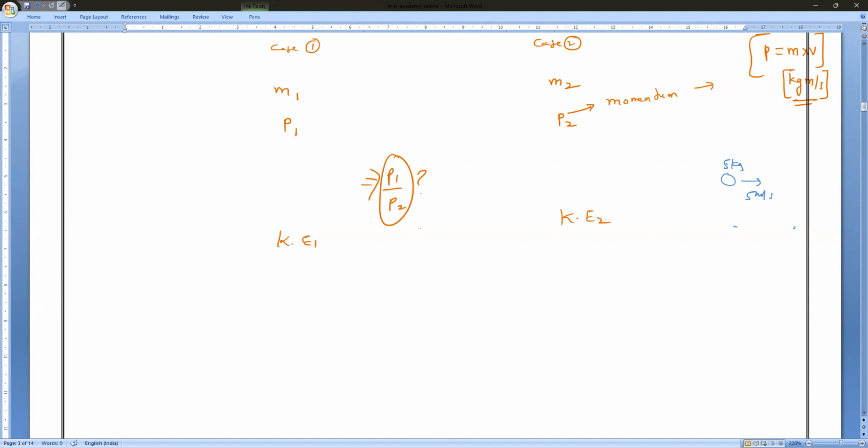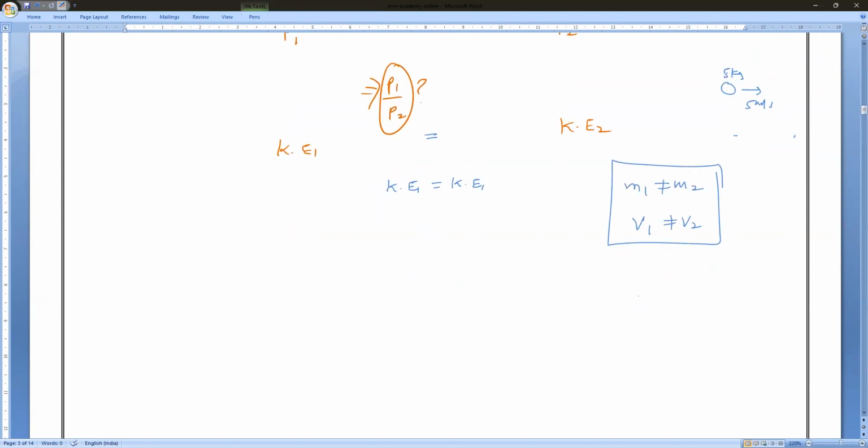So KE1 is equal to KE2, but their masses are not equal, so the velocities are also not equal. Kinetic energy is half mv square, so half m1 v1 square equals half m2 v2 square.